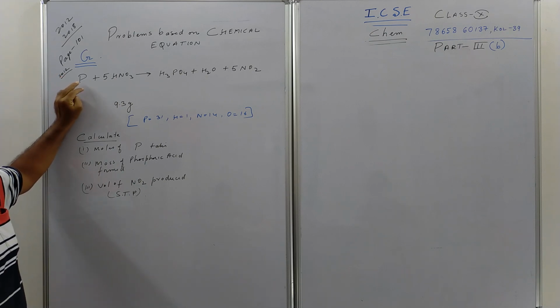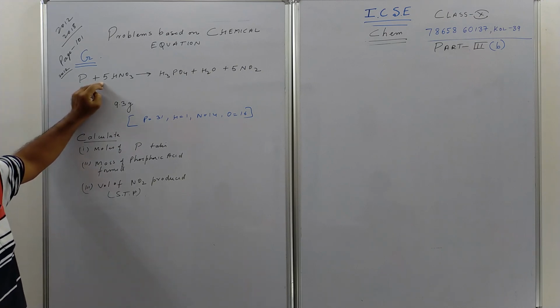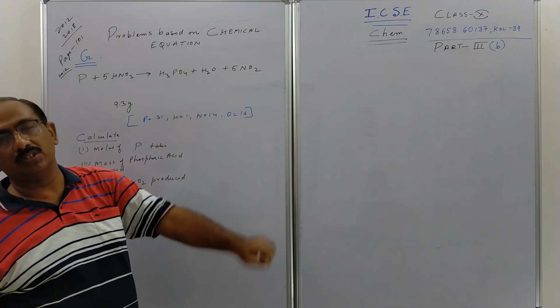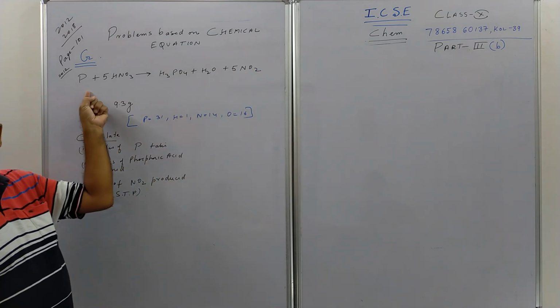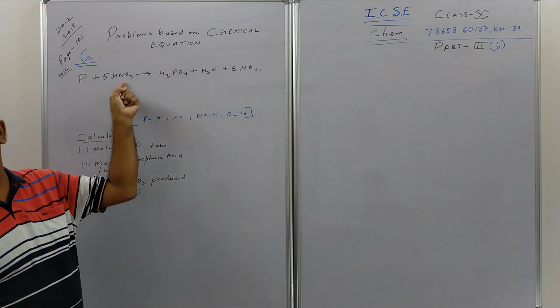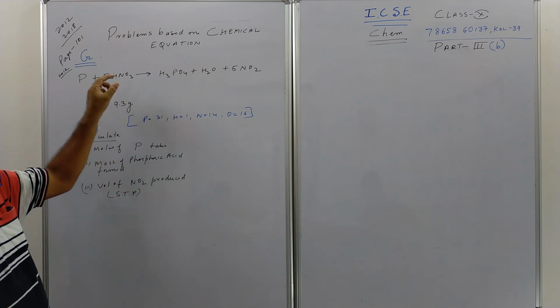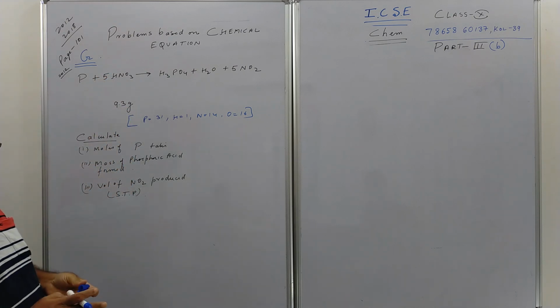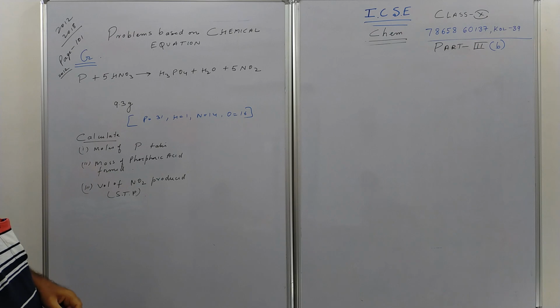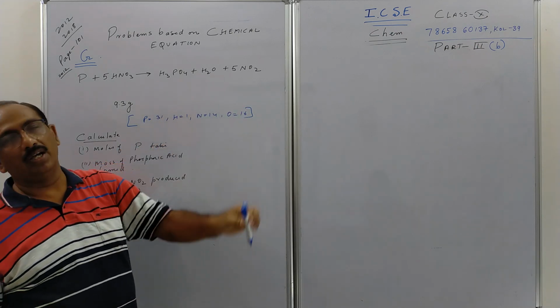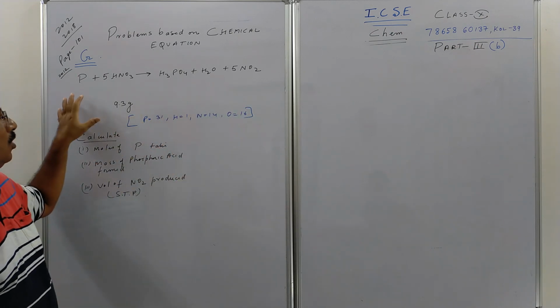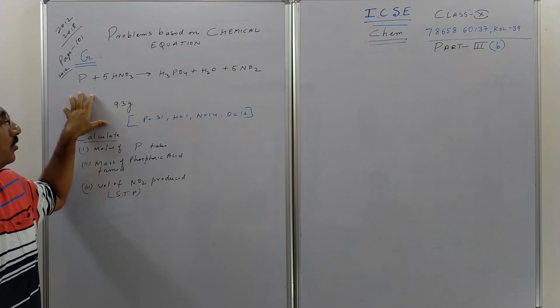Otherwise, if you see ICSE question 2012, phosphorus reacts with nitric acid to give you phosphoric acid, water and nitrogen dioxide. Once more, phosphorus reacts with 5 moles of nitric acid to give you phosphoric acid and water and 5 moles of nitrogen dioxide.